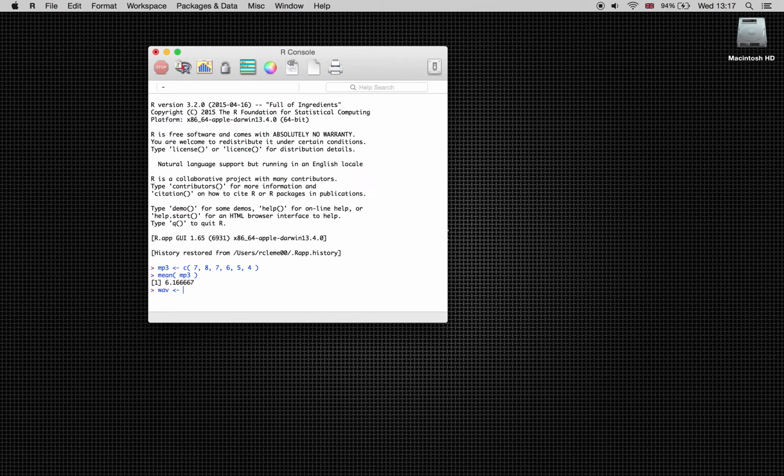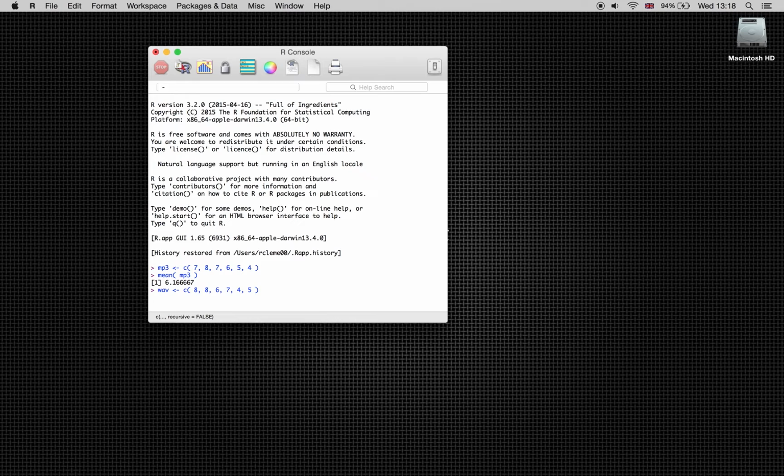I'm also going to enter the ratings that they gave to the WAV file versions. Now this is very important: the people are going to be in the same order. The first person gave it 8, second person gave it 8, third person gave it 6, fourth person gave it 7, second to last person gave it 4, and the last person gave it 5.